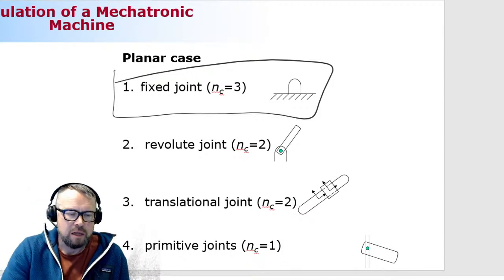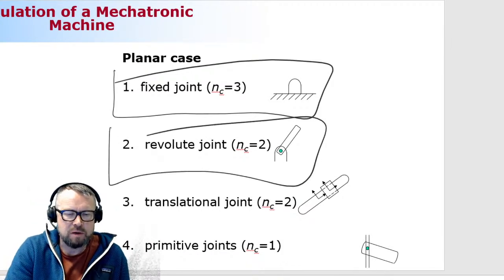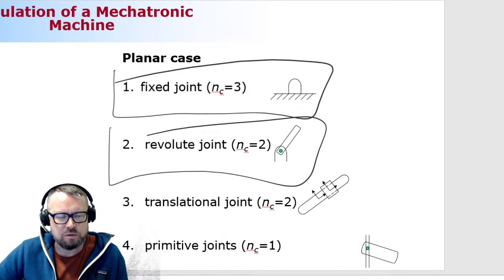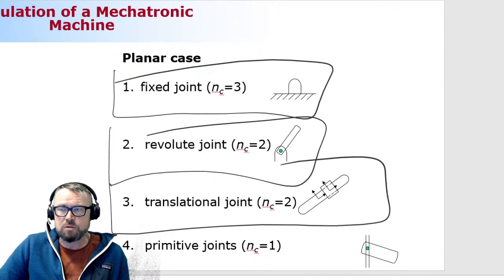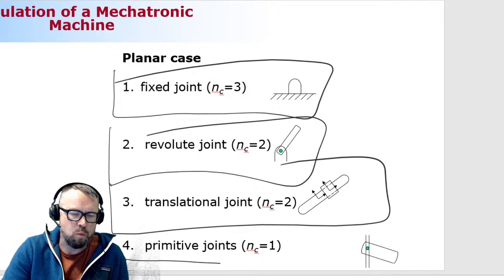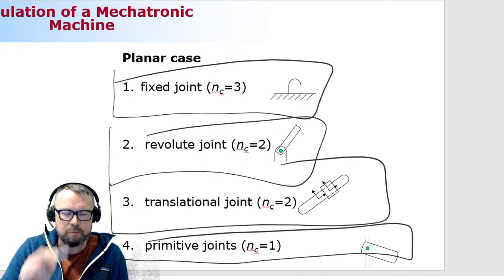Revolute joint, we learned that earlier, needs 2 constraint equations. Translational joint, which we will briefly take a look at today, also needs 2 constraint equations. And a primitive joint is the one that needs only 1 constraint equation, just one.